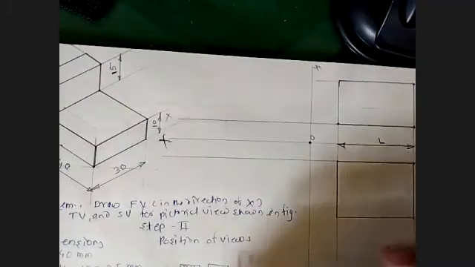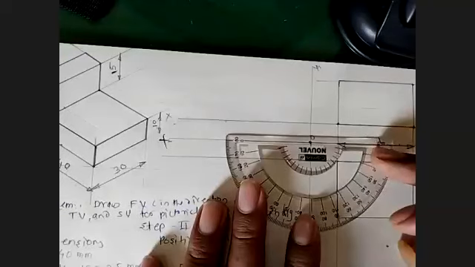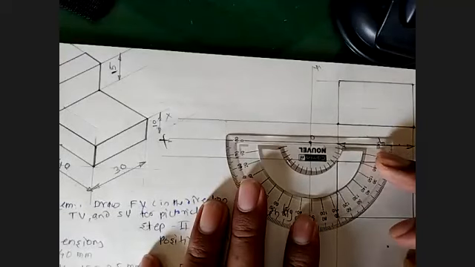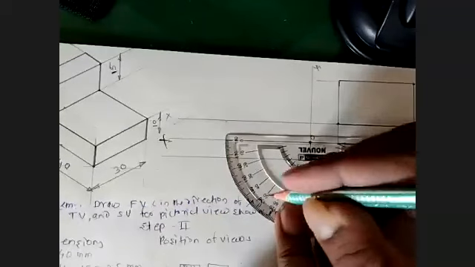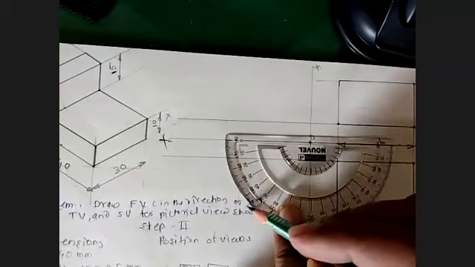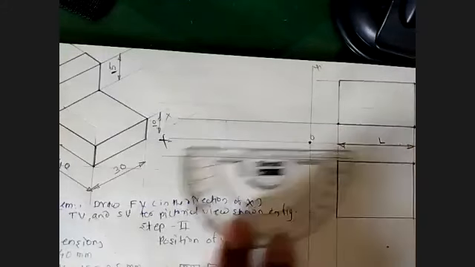Then take a protector, set it along the xy line here, and take an angle of 45 degree.